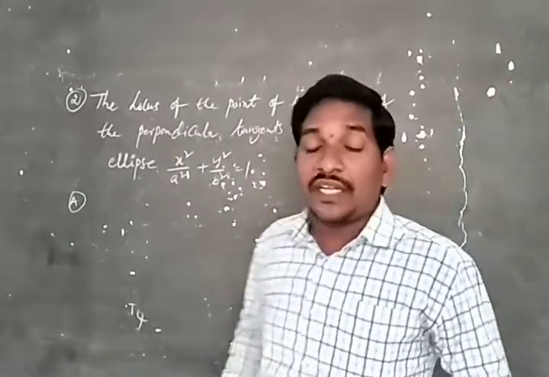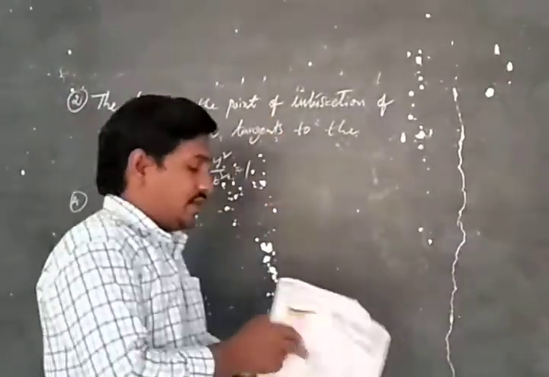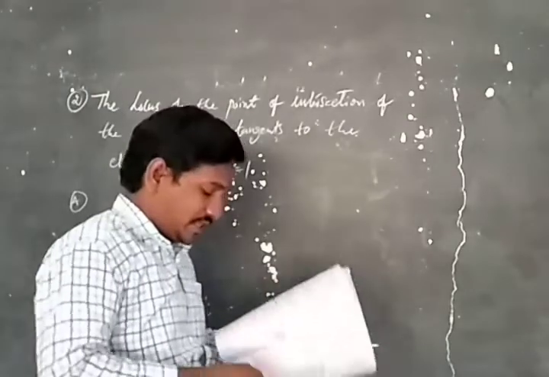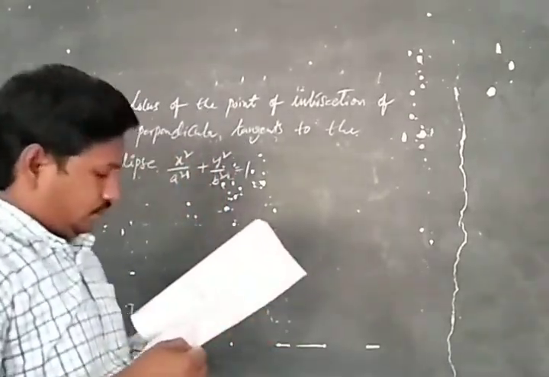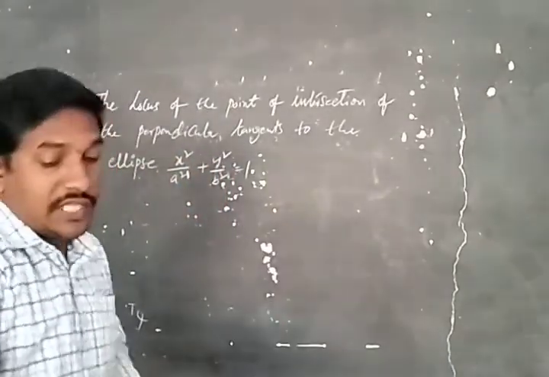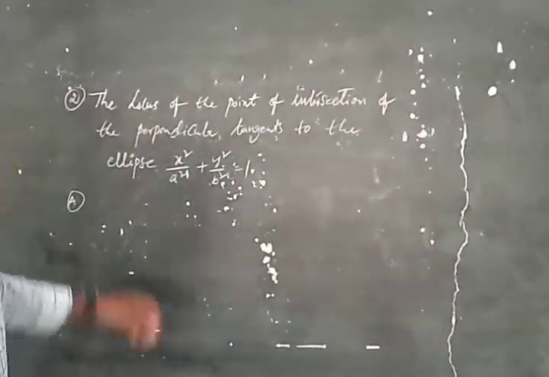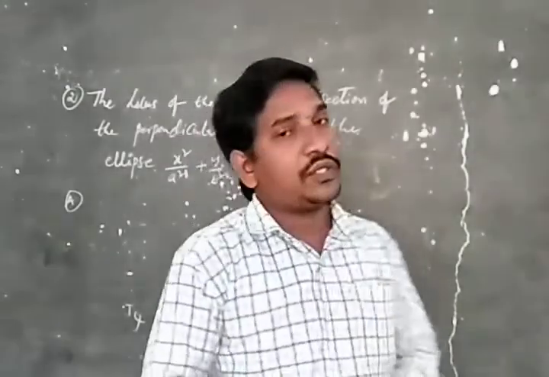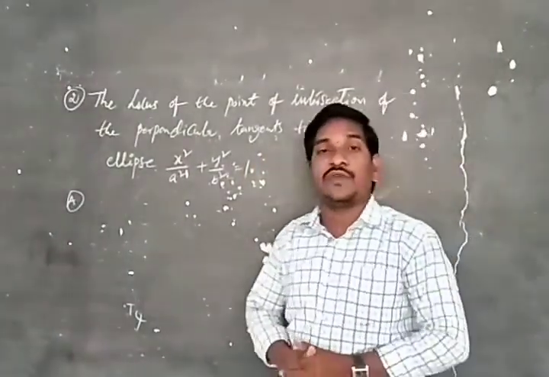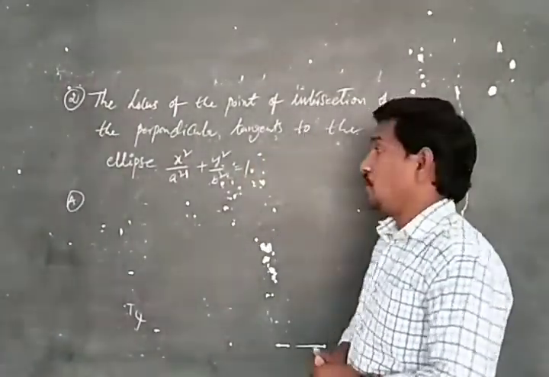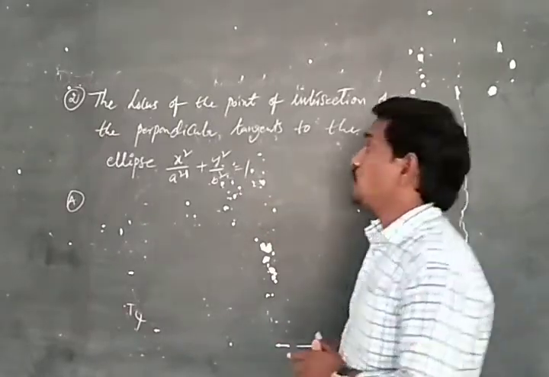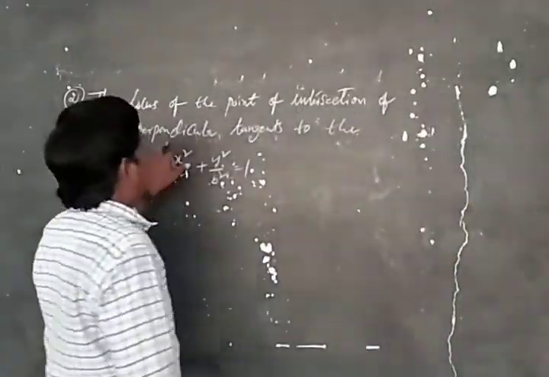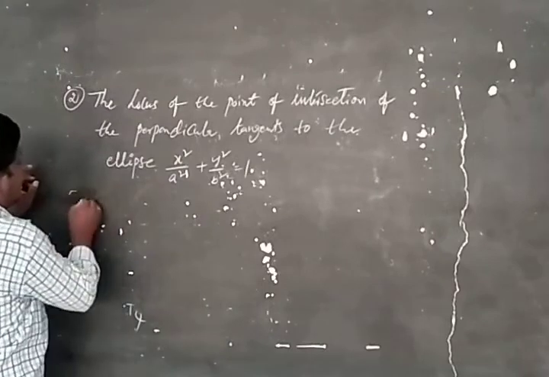This is the director circle definition. This is the director circle equation. So the locus of the point of intersection of perpendicular tangents to the ellipse is the definition of the director circle.